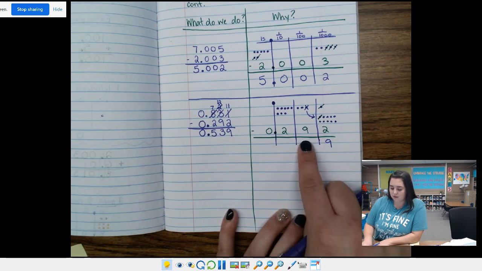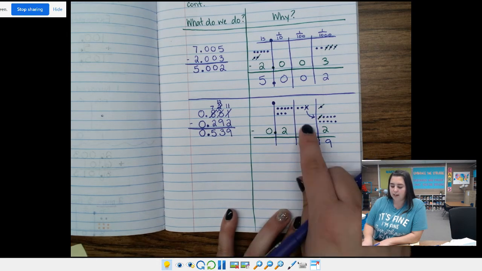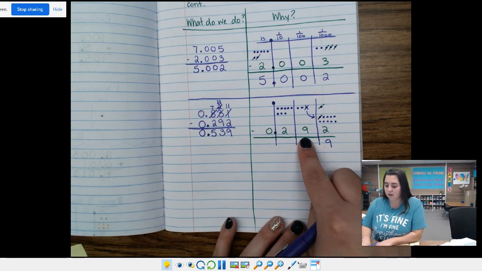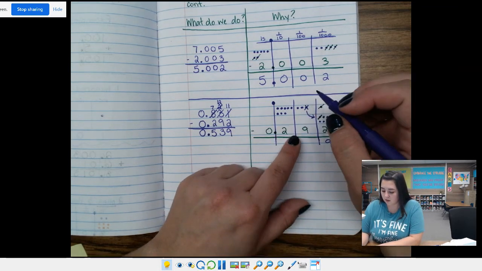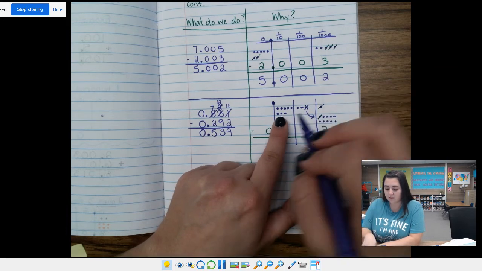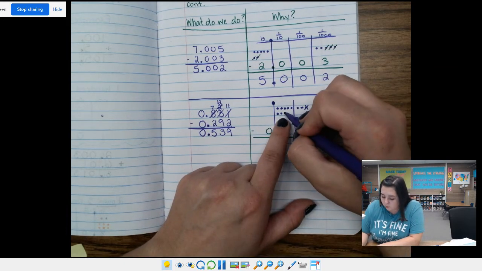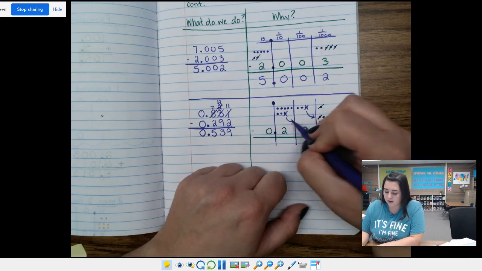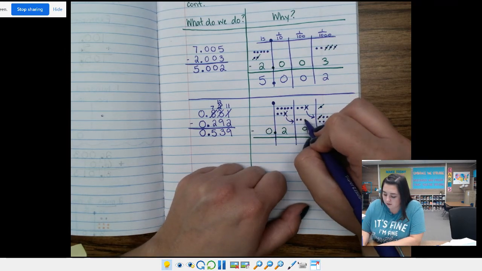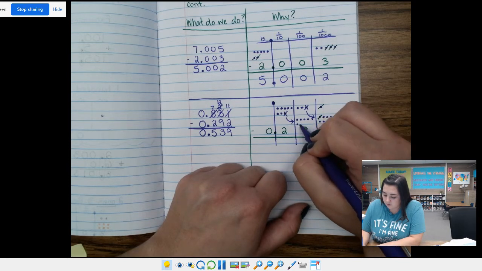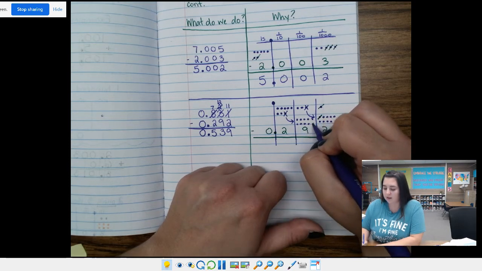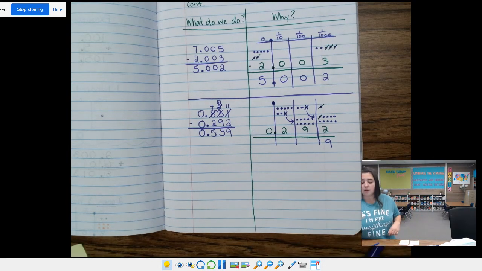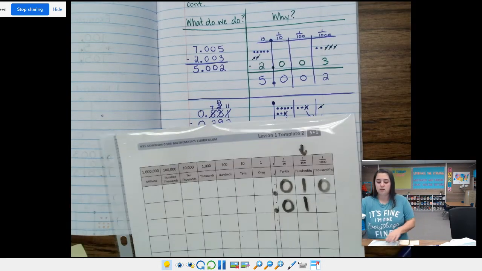Let's do the next one. I have 2. I need to take away 9. It's not possible. I have to do the same thing. I'm going to go over to this 8, and I'm going to take away 1 from there. And I'm going to add 10 to the column before it. I can do that because 1/10 is the same thing as 10 hundredths.